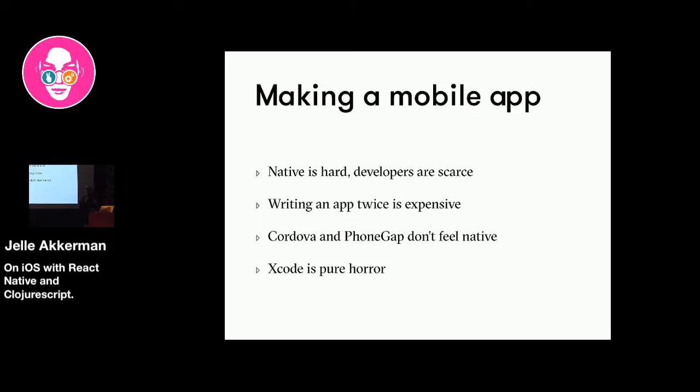But it just didn't feel right, because all the scrolling was so janky and not nice. A good thing about it was that you just have to write JavaScript and not Objective-C and Java and all the other things. So we wanted the native experience, but didn't want to write Java and Objective-C.